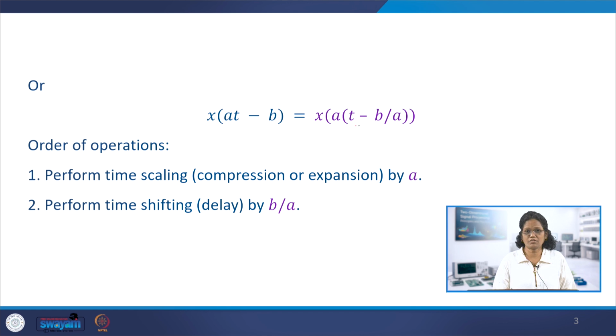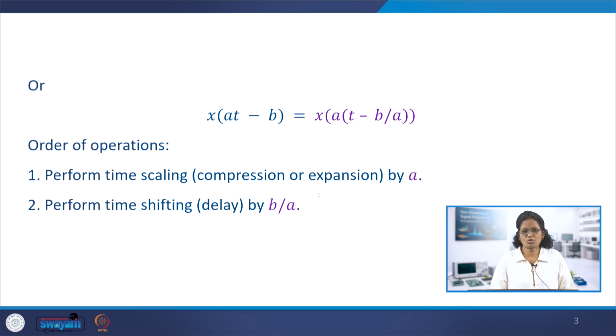The shifting, when we do it, we should be very careful because it is already compressed or dilated, the x of a t. So the delay should involve this a as well. So it's not simply shifting it by b, it should shift by b by a. The shifting should be b by a. So if we prefer to do scaling first, then the dilation or compression, in this case x of a t, then perform the time shifting by b by a.